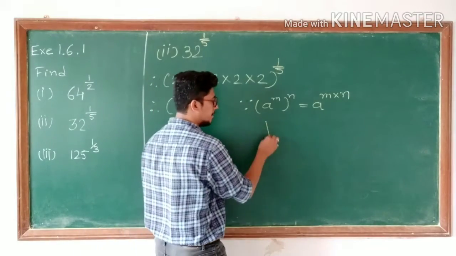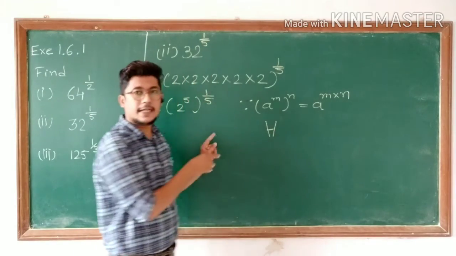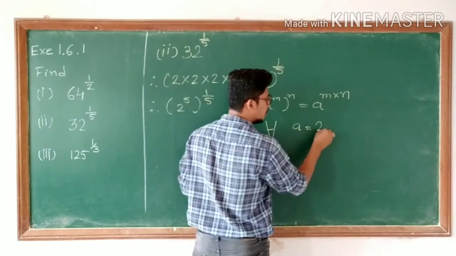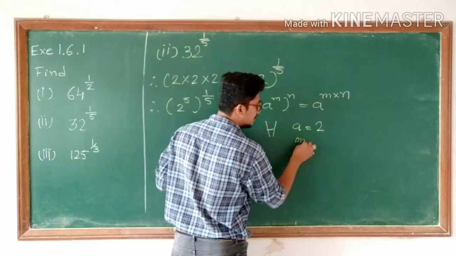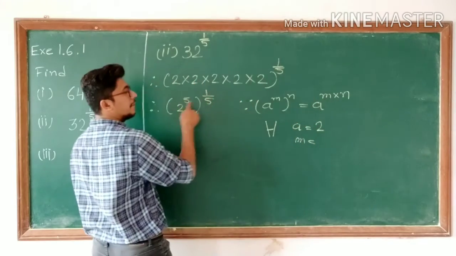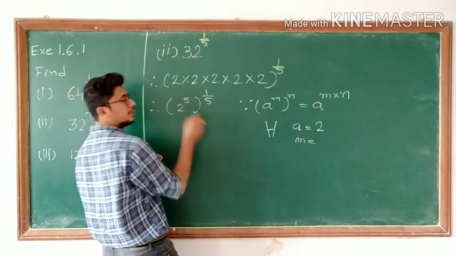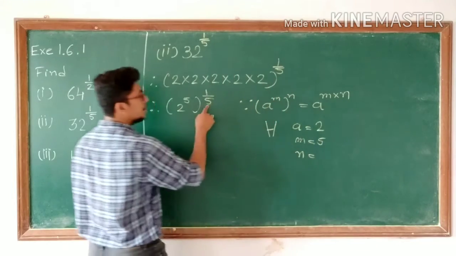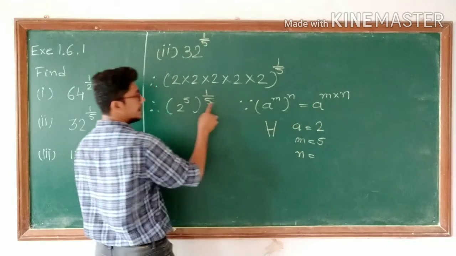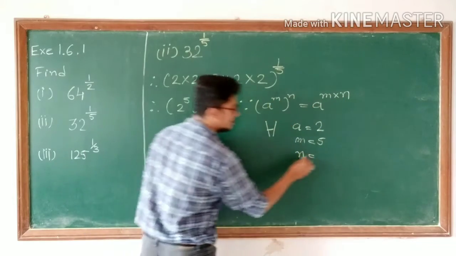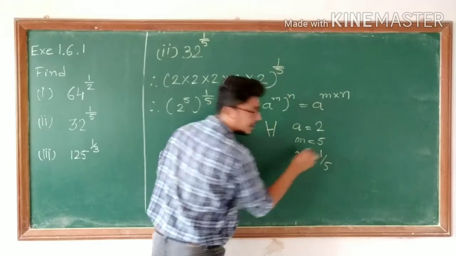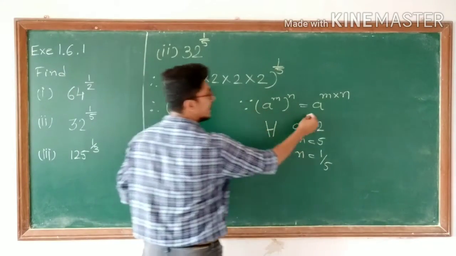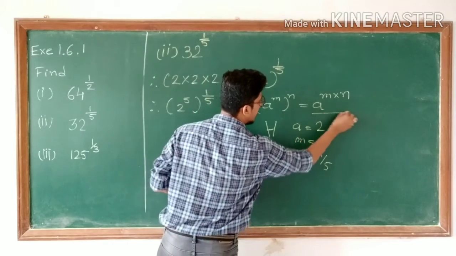Here a is equal to 2, m is equal to 5, and n is equal to 1 upon 5. Yes or no? Yes. Now put this value in the right side of the identity.